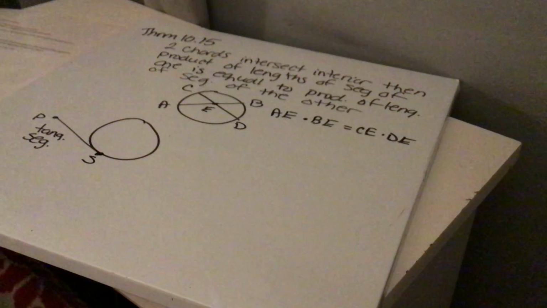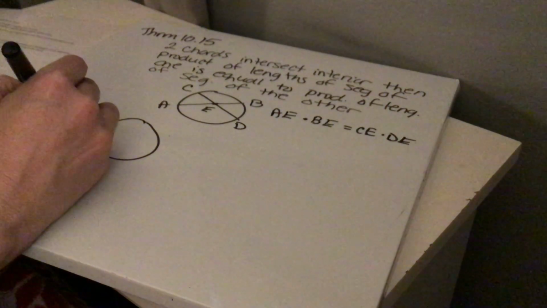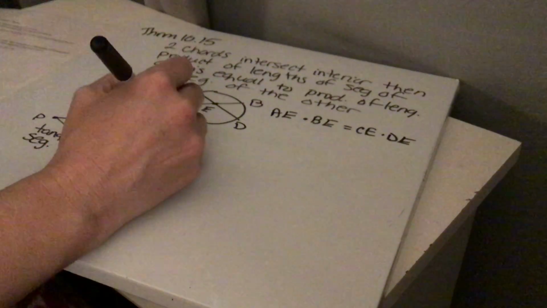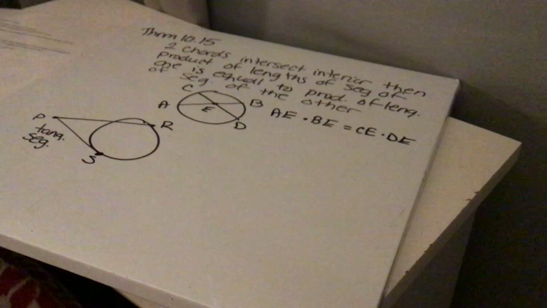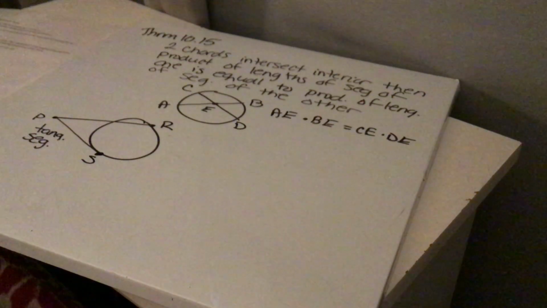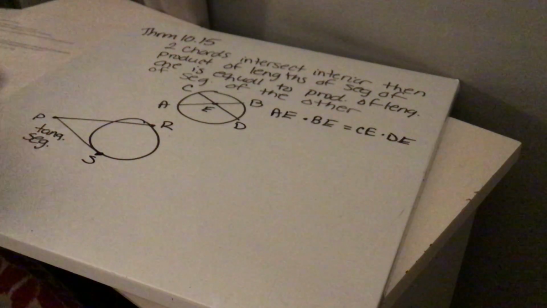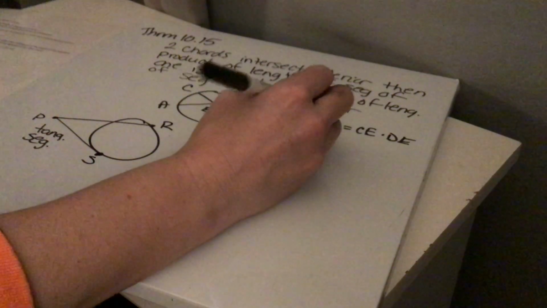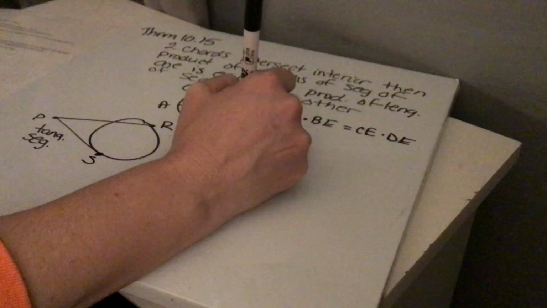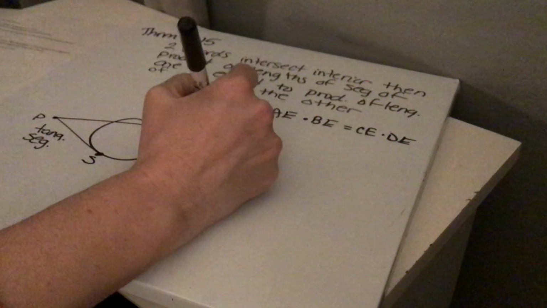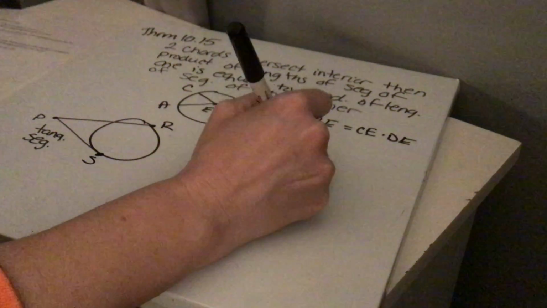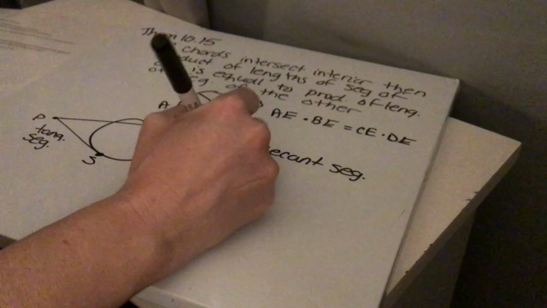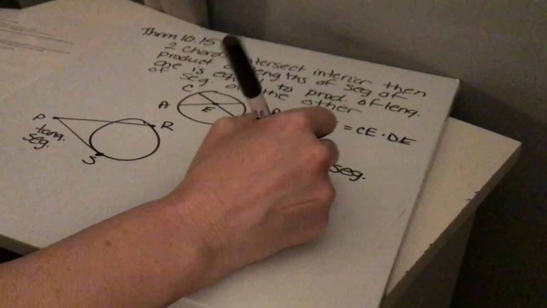And then you can have a secant and a secant segment. So a secant would be like PR. It passes through the circle, touching it in two places. The secant segment has endpoints on the circle. PS is a tangent segment.